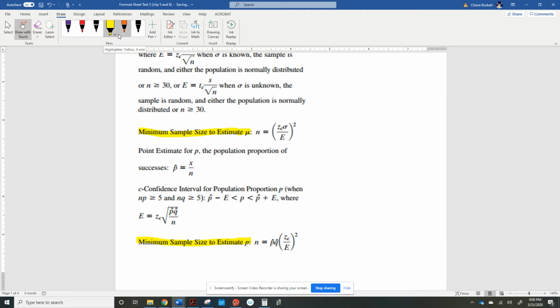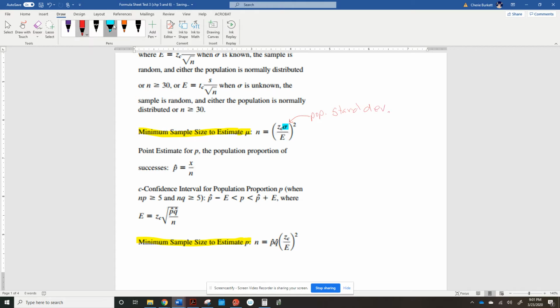So what's different in each one of these formulas is this one, you have to know sigma. In order to estimate the mean, you have to know the population standard deviation. That has to be given. They have to provide that for you.